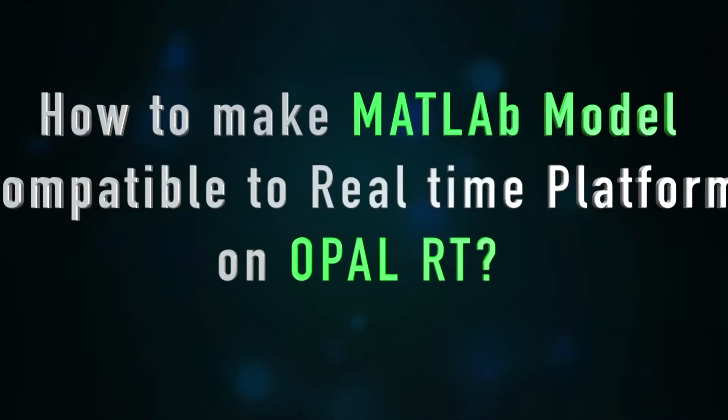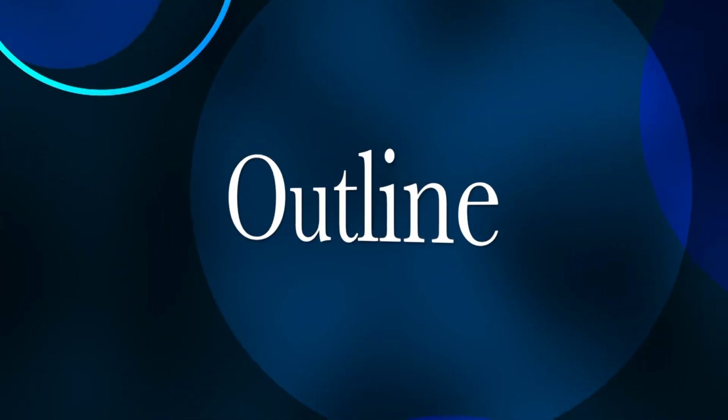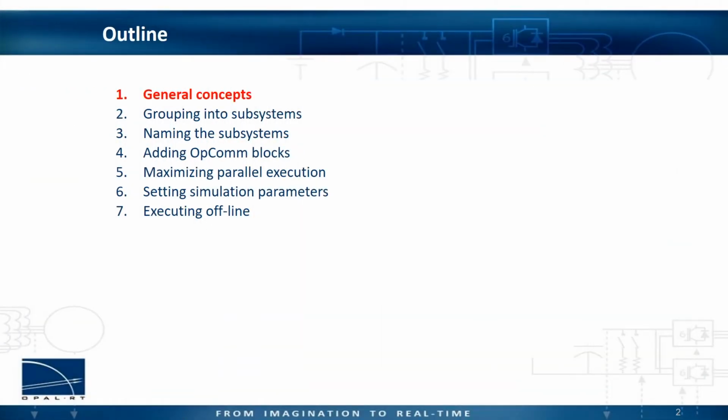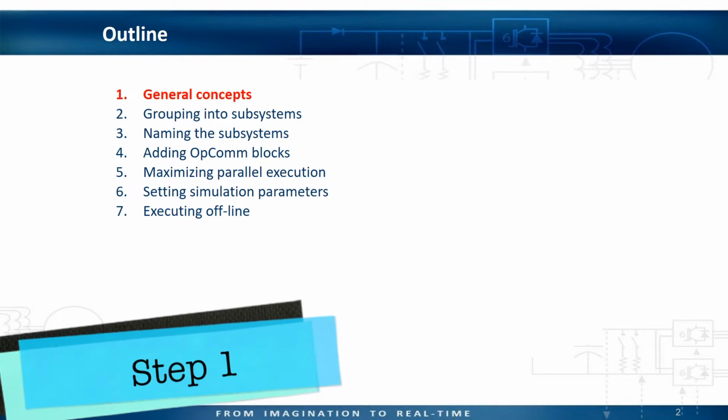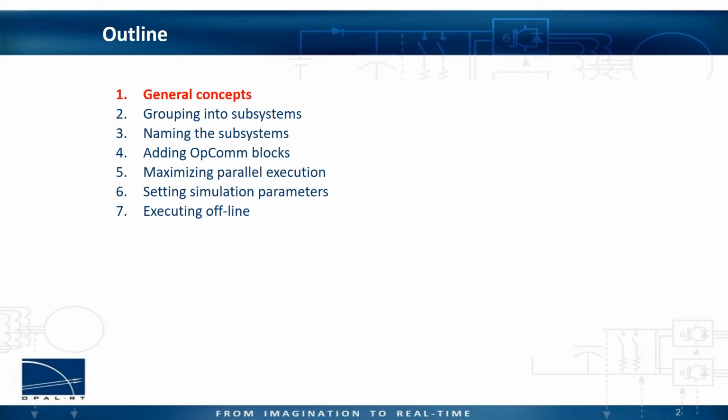Now we'll be understanding how to make a MATLAB model compatible to the real-time platform of OpenRT. So the outline of this presentation is basically the steps of performing this task. The first step is grouping into subsystem. The top level of the model will be having subsystems.